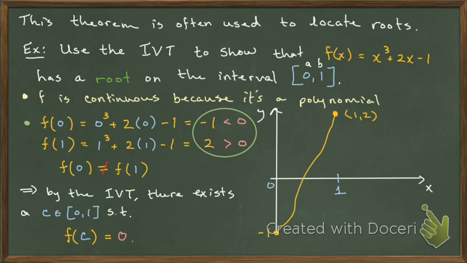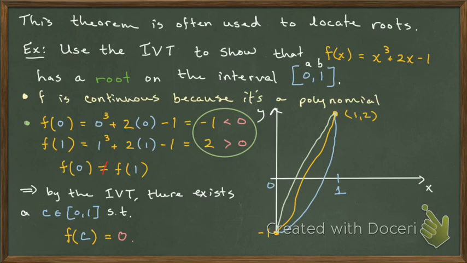It could look like that, maybe like this, or like this. But either way, my function has to cross through the x-axis. There has to be at least one root between 0 and 1. There could be more, but I know for a fact that because my function's continuous, it's got to pass through those two points, and that means it's got to cross the x-axis because one of those points is negative and the other is positive.